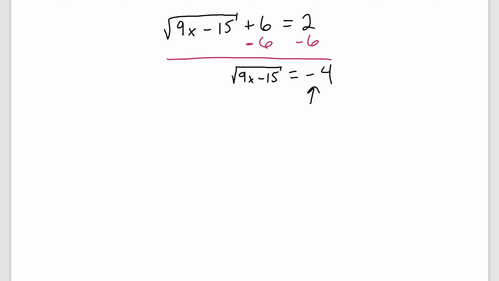Anytime you have a radical equal to a negative number, you can stop and you get no solution, or that empty set. You cannot have the radical equal to a negative number. So be careful about that.